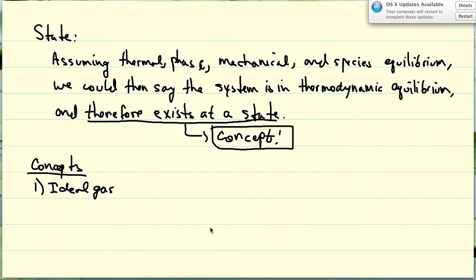Okay, so there's actually several concepts that are embedded in that. So the definition is an important concept. You know, what is an ideal gas? Or maybe a better way to say this is assuming ideal gas behavior.